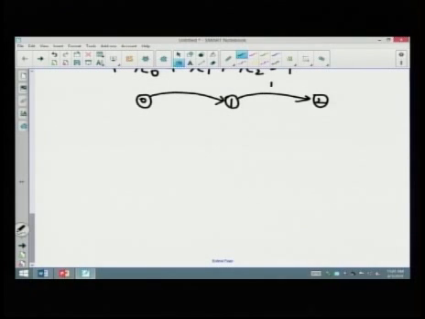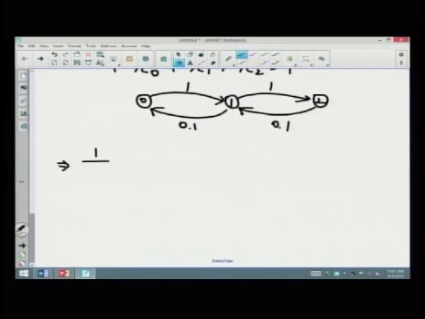Up here we have 1, 1. Down here we have 0.1, 0.1. Is that right? So what we have is 1 over pi 0 equals 1 plus 1.